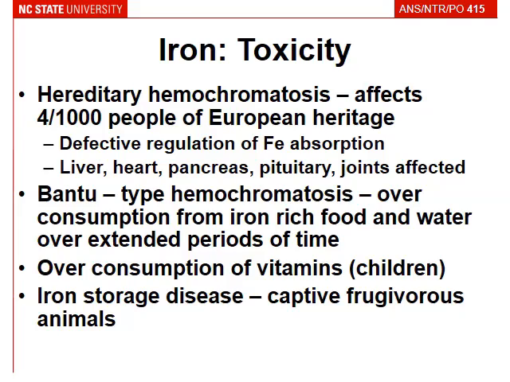And then, since this is comparative animal nutrition, we do have our captive frugivores end up getting iron storage disease. So if you ever see the toucans at zoos and other various obligate frugivores, those animals, the fruit that they are eating in the wild has very low levels of iron within it.